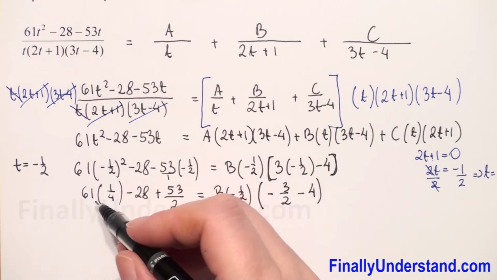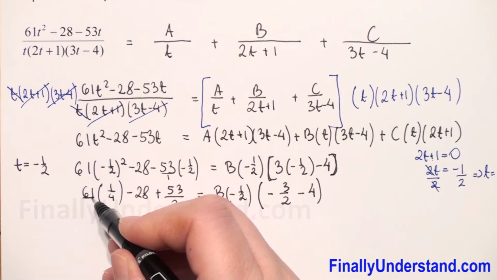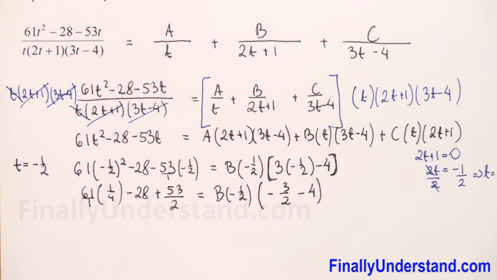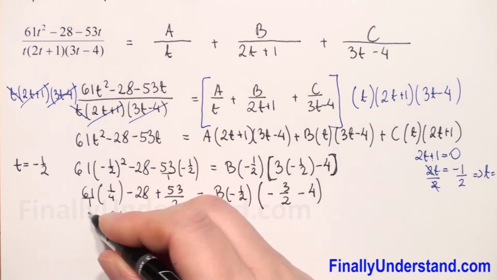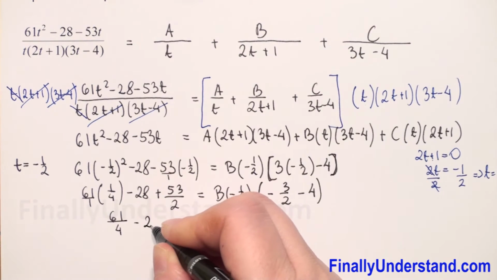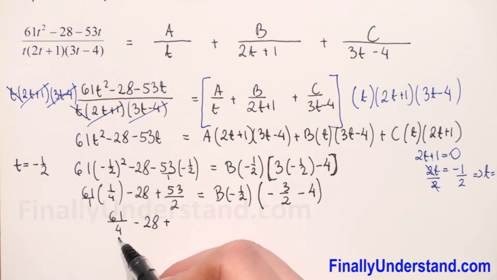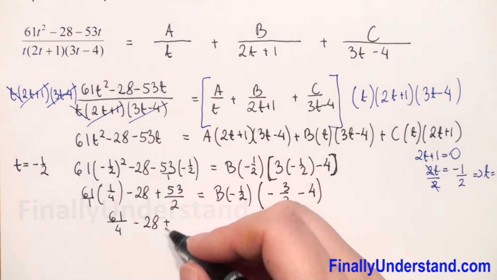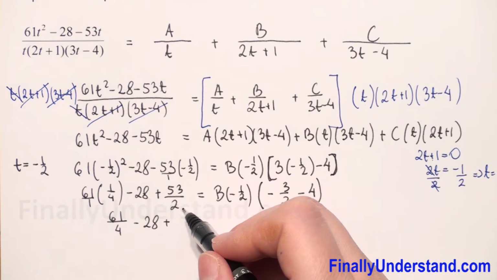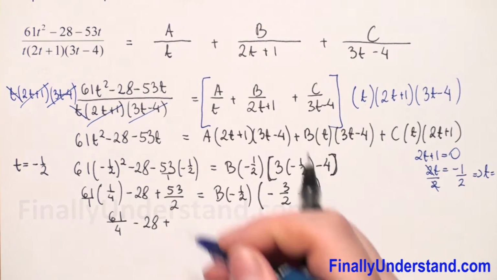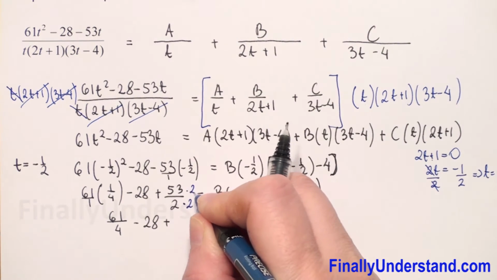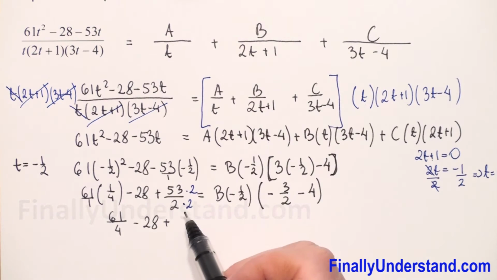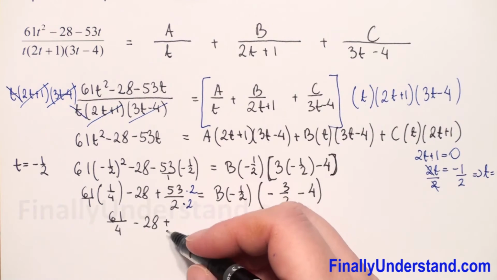So now we will have 61 times 1/4, so we can make fraction 61/1, so it will be 61 times 1 is 61, 1 times 4 is 4, minus 28, plus, and because we have here 4 in the denominator, I can multiply numerator and denominator by 2 to get 4 in the denominator. Times 2, because when we have the same denominators, we can add these two fractions.